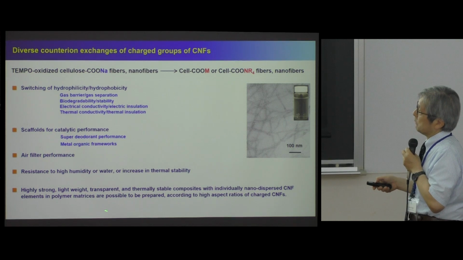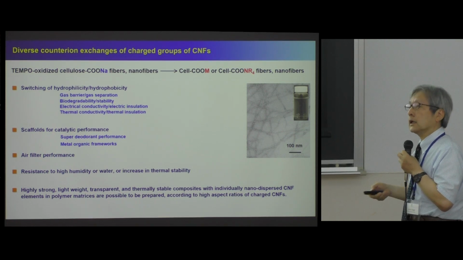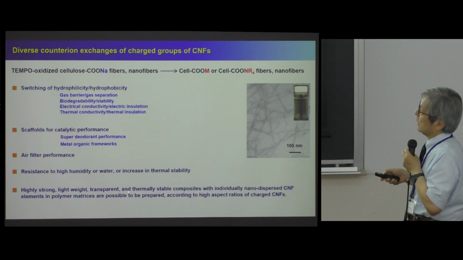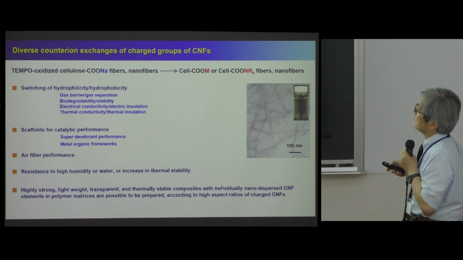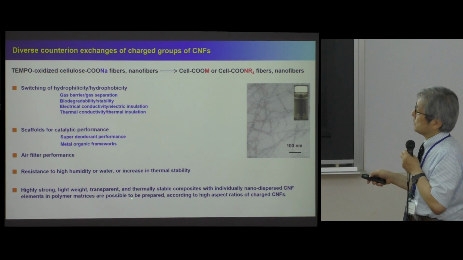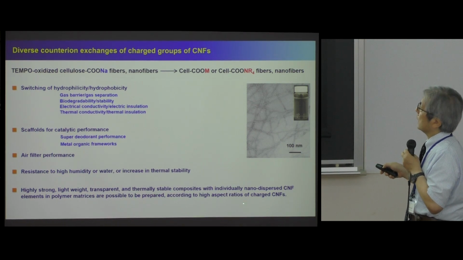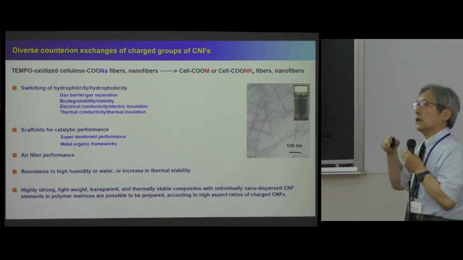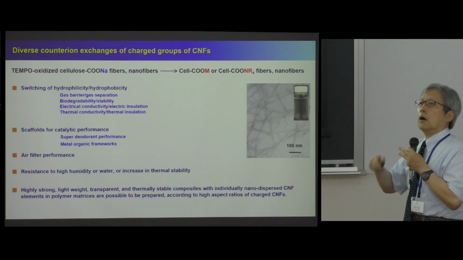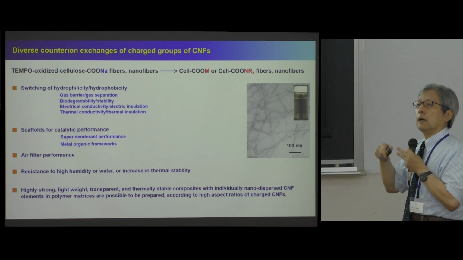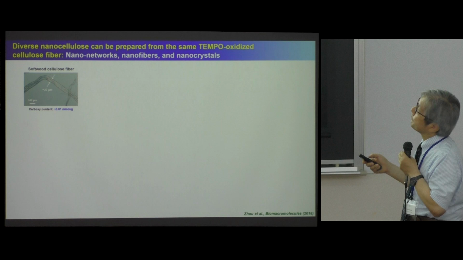And also people expect that highly strong, lightweight, transparent, and thermally stable composites with individually nanodispersed cellulose nanofiber elements in a polymer matrix are possible to prepare, according to the high aspect ratio of charged CNF. You can partly replace petroleum-based polymers or metal compounds like this.